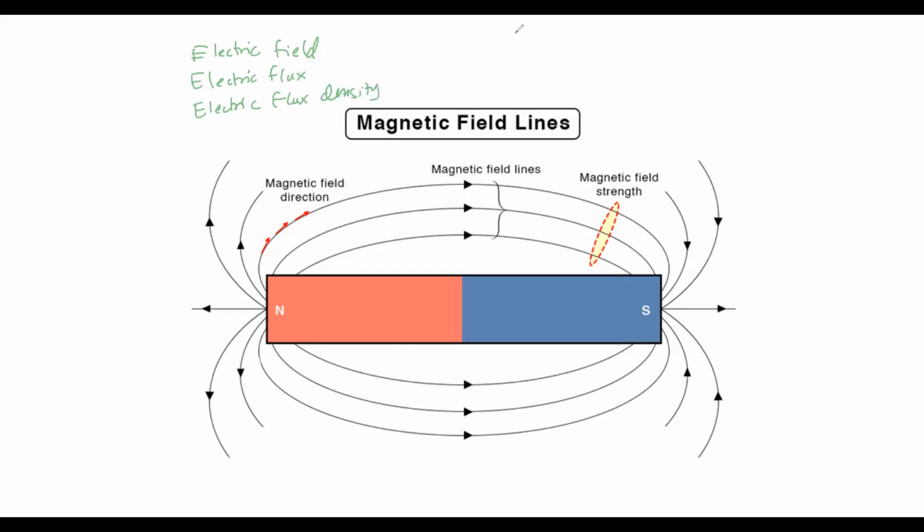In magnetic field also we have the lines that are going across a certain surface, and magnetic flux density, which defines the amount of magnetic field lines across a unit surface.